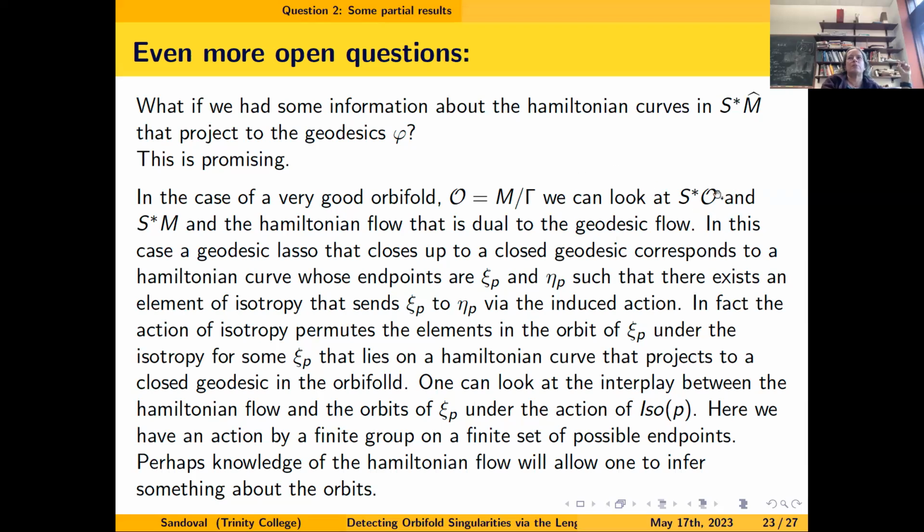There's a nice space that plays these roles, and it's a subset of the cosphere bundle of the M hat, the orthonormal frame bundle, and that actually works out to be a very nice space. So if it works out in the case of a very good orbifold, I can probably generalize it in a very nice way with the same trick that I used before by looking at the orthonormal frame bundle. And so that's the idea.